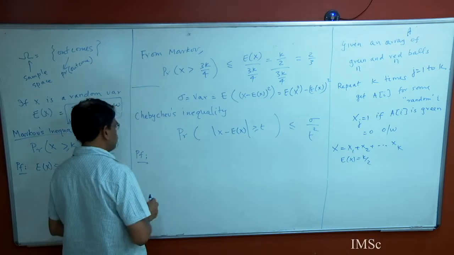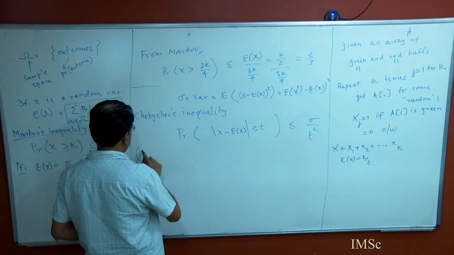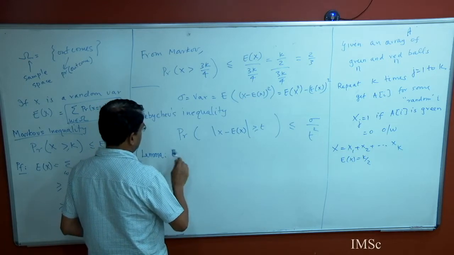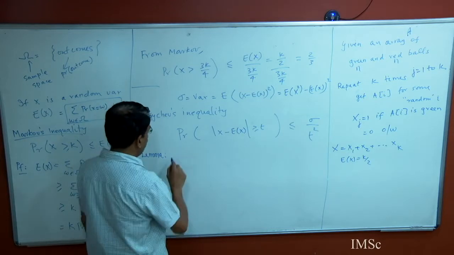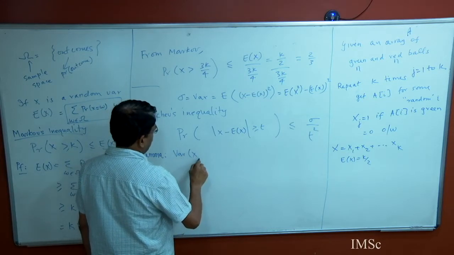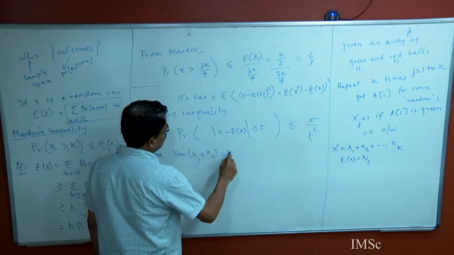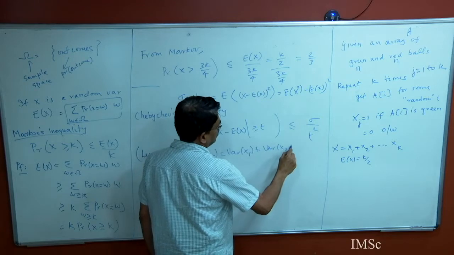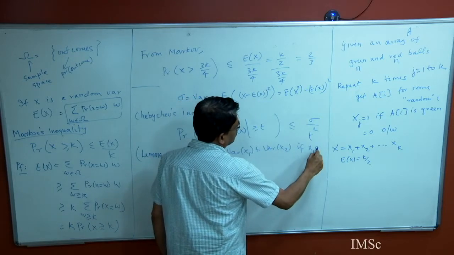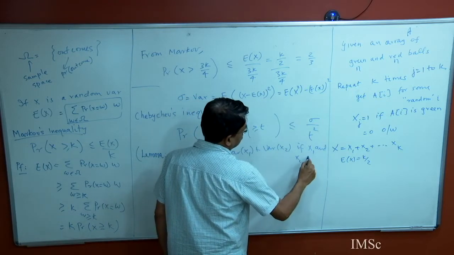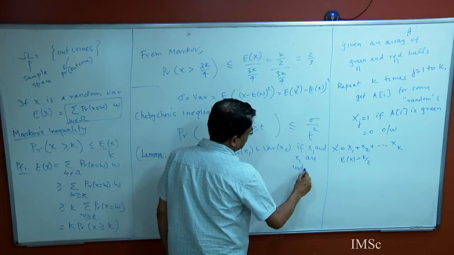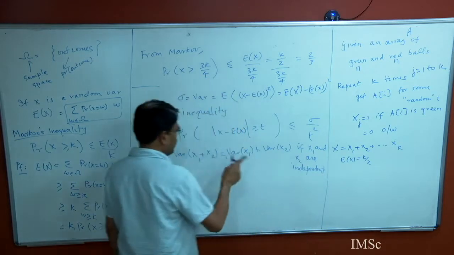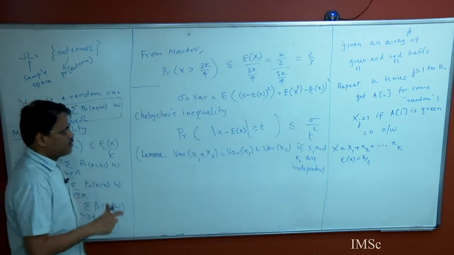Yes, but before I do the proof, we need this little lemma: variance of x1 plus x2 is equal to variance of x1 plus variance of x2 if x1 and x2 are independent. These are independent events. Then you need the independence here.